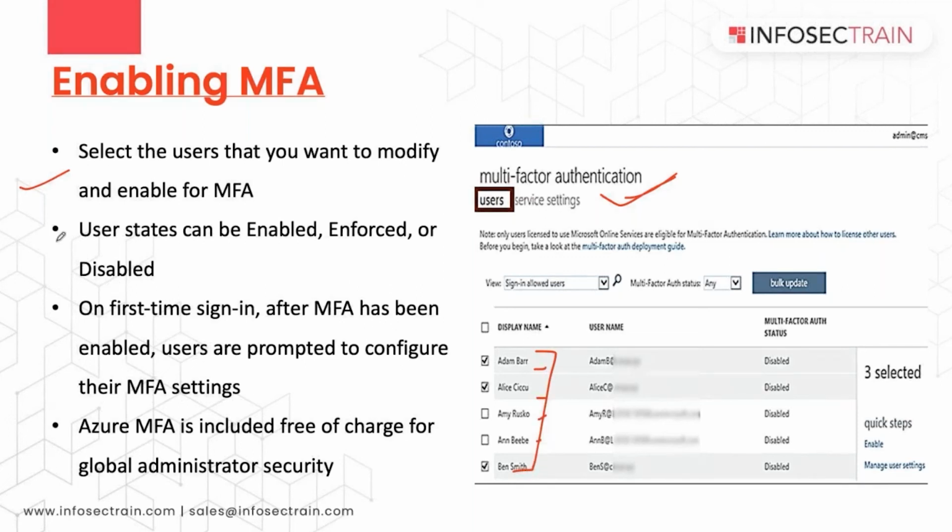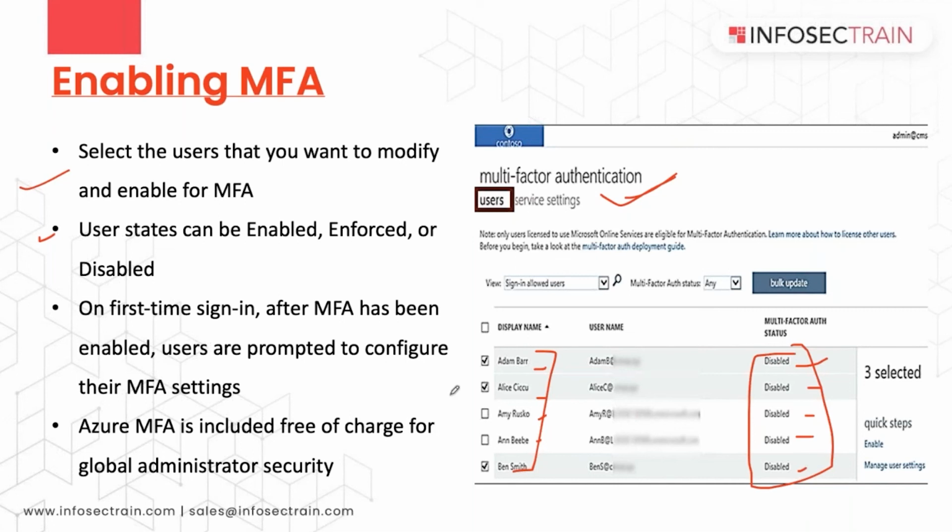I can do that. Second, there will be the state of the user. Three states are going to be over there: disable, enable, and enforce. Disable is you have not enabled MFA for any user. Enable is you have enabled the MFA for the user, but he has not chosen anything yet, how he will verify himself, via SMS or a push notification.